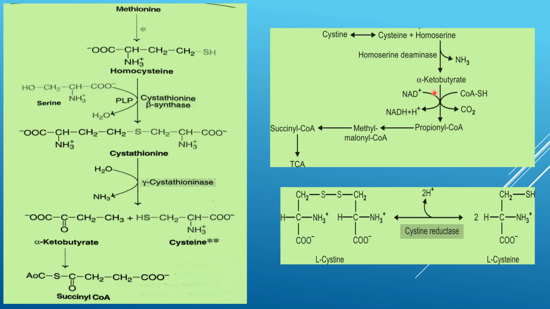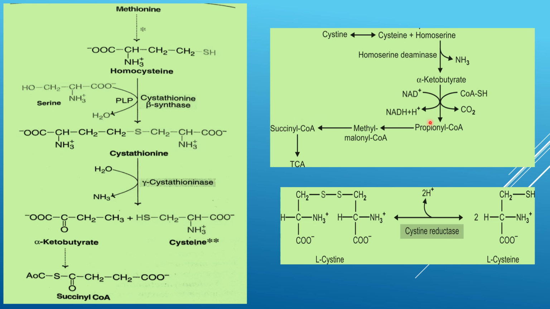That alpha ketobutyrate is converted into propionyl coenzyme A, and NAD and coenzyme A are required for this step to happen. Then propionyl coenzyme A, via methylmalonyl coenzyme A, converts into succinyl coenzyme A, which participates in the TCA cycle.